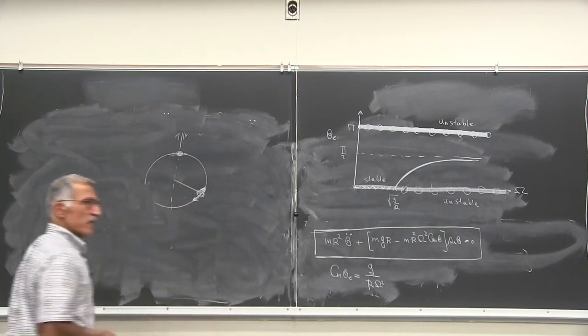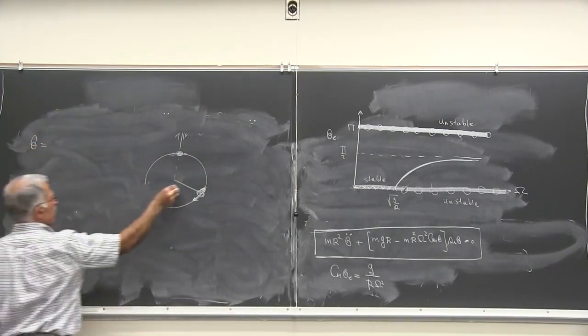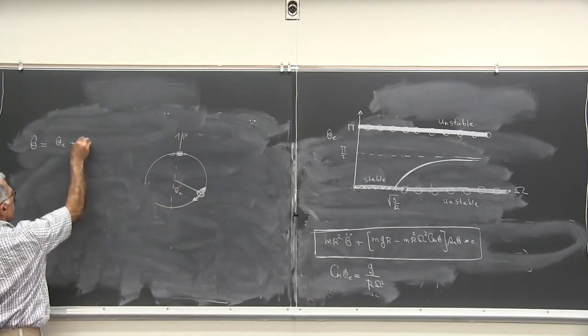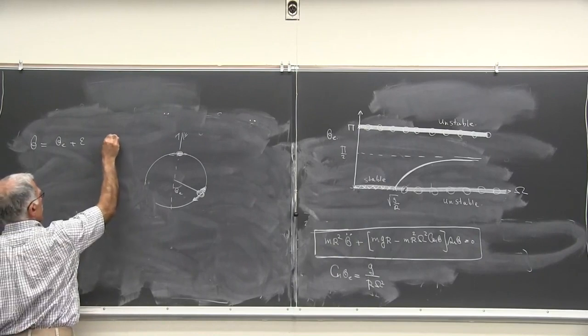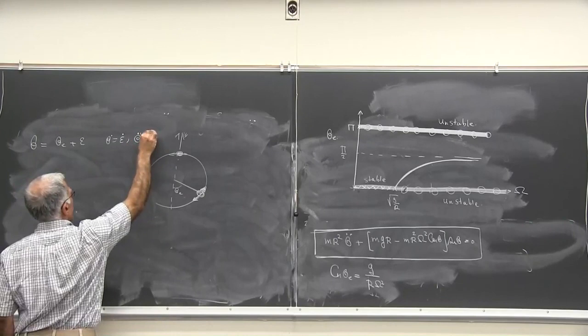Now you can say, okay, this time again my theta is equal to theta equilibrium plus a small epsilon. My theta dot is going to be epsilon dot, and my theta double dot is going to be epsilon double dot.